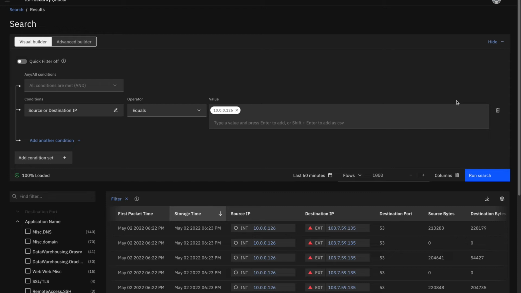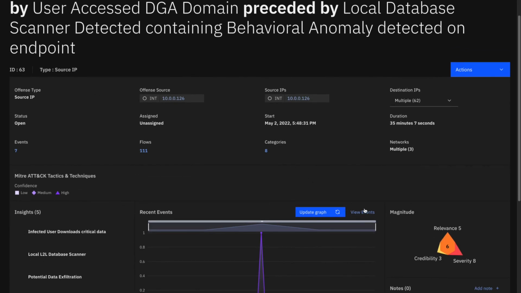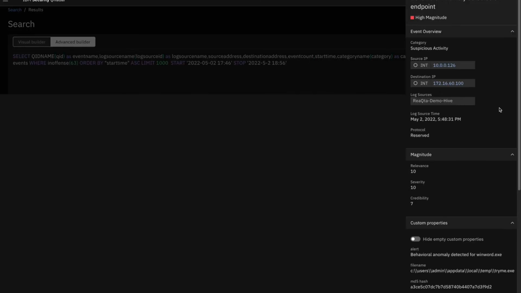So when you're missing out on flow telemetry, you're missing out on really contextual information that is really important as it pertains to investigations. Events are important because they're telling us what's happening in the network. And then we're going to look at, by drilling back into our events, why it's important to have the events come in.